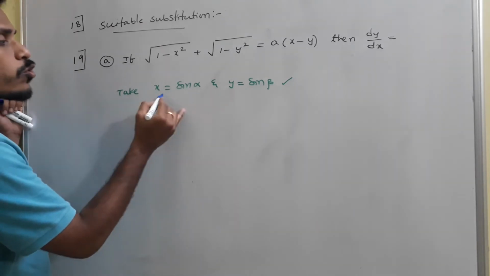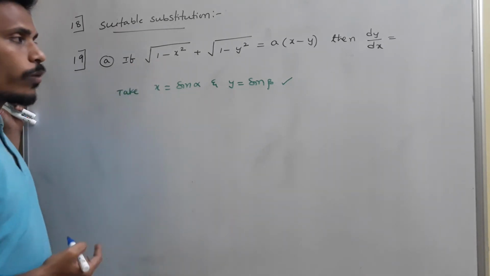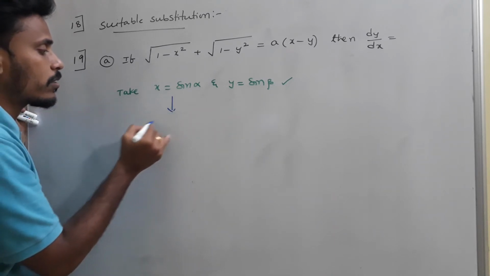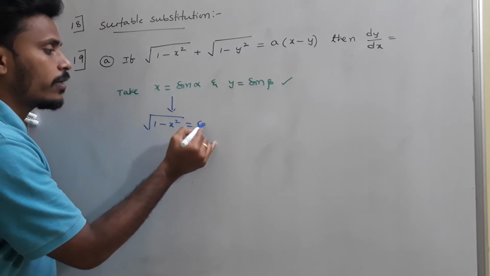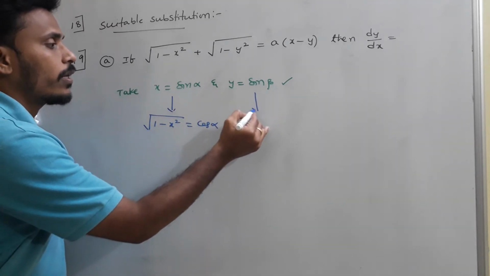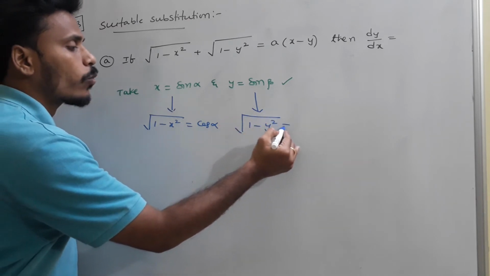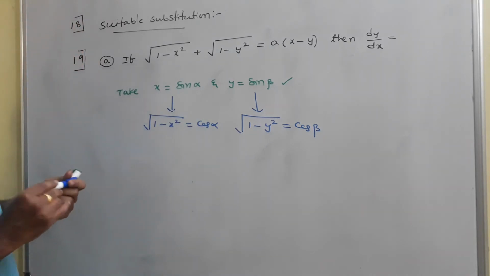Since x is equal to sin alpha, root of 1 minus x square is simply cos alpha, is it right? As well, since y is equal to sin beta, root of 1 minus y square is cos beta. Then how will the problem become?